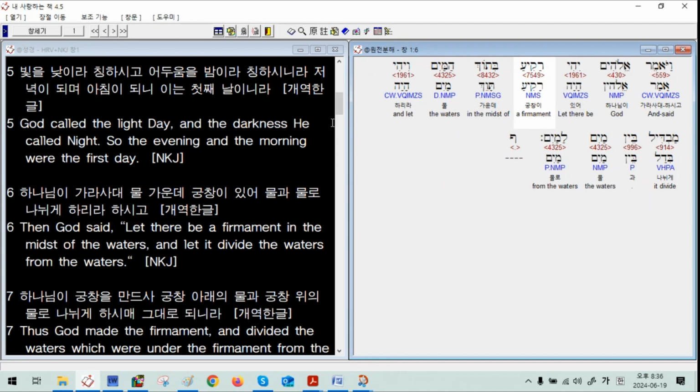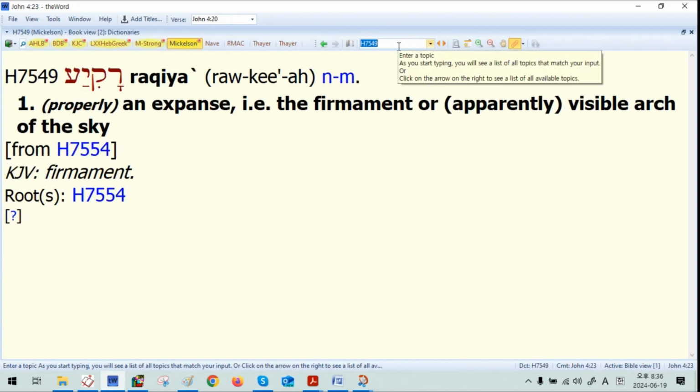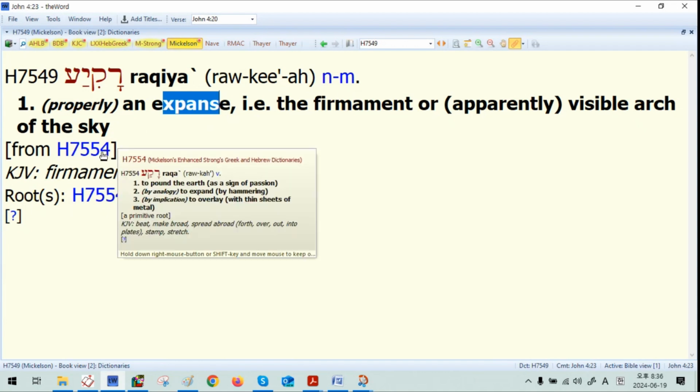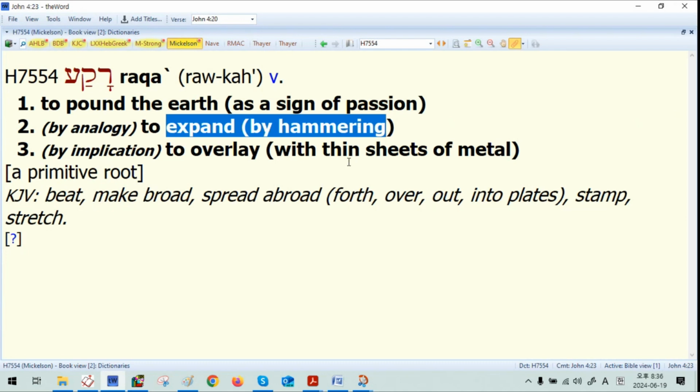When we go to the dictionary, 7549, it says expanse. That's what I'm translating as expanse. And then raqia is a masculine noun, and it comes from 7554. Raqa is to pound the earth, which is expanded by hammering.